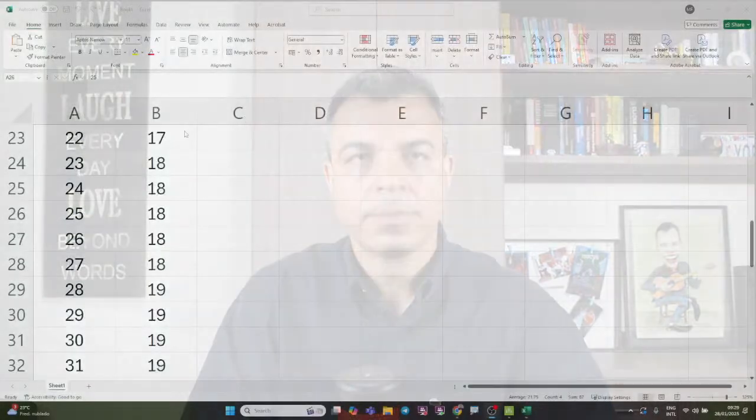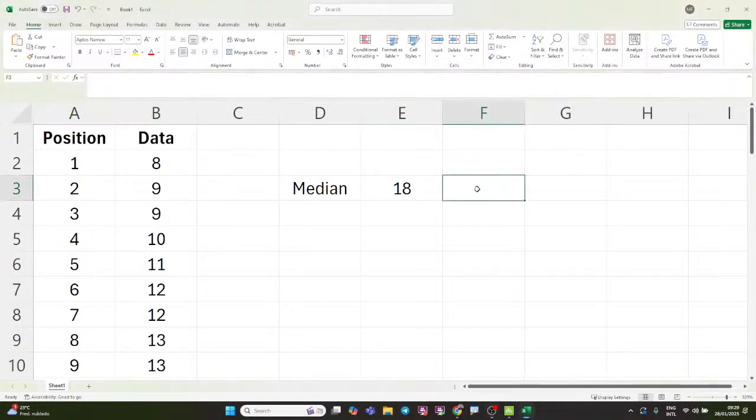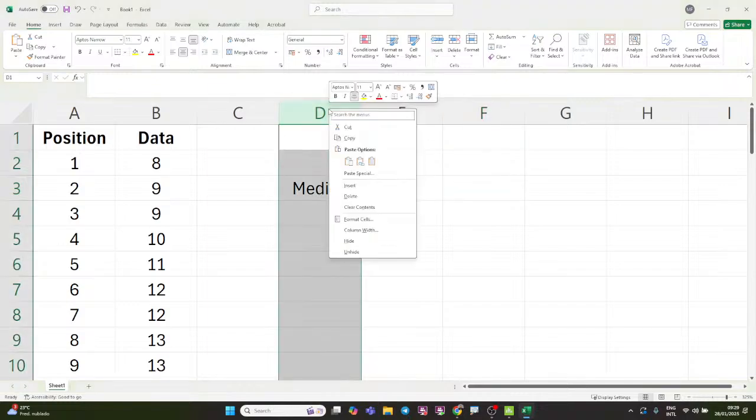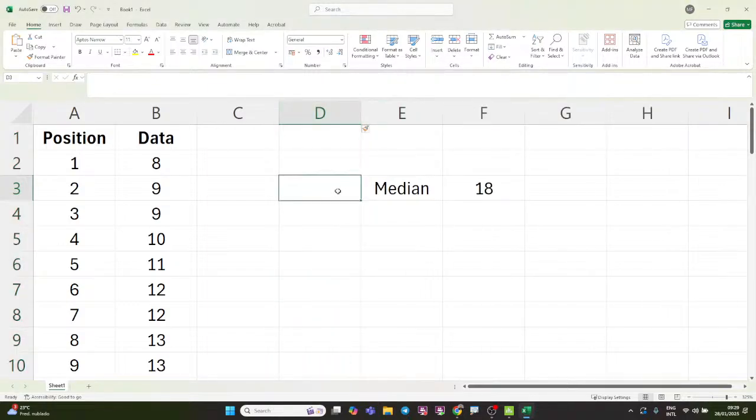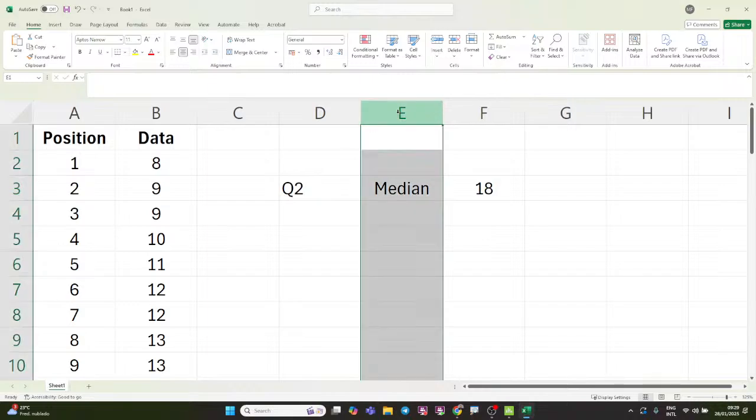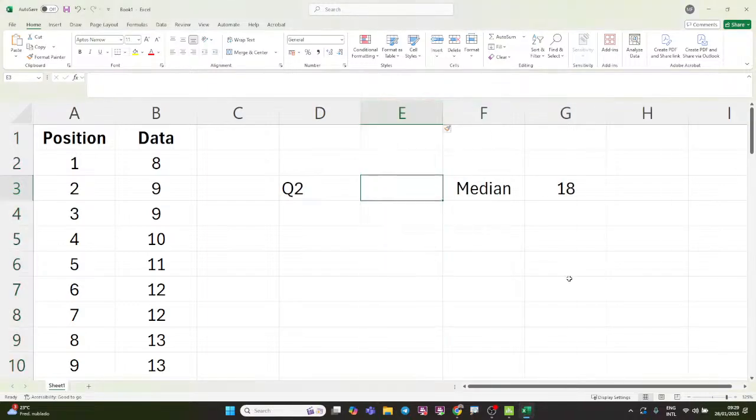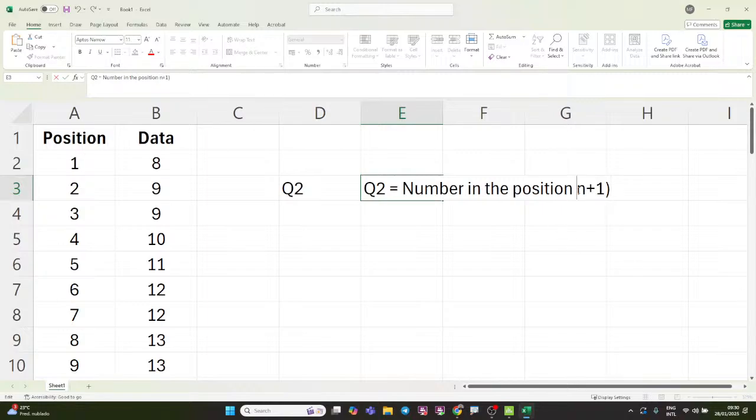So we took here median, that is also known as Q2, and once again there is a formula for that. Q2 equals, and I'm gonna write in very simple words. It's the number in the position n plus 1 divided by 2.